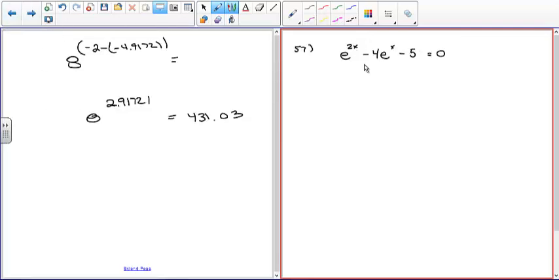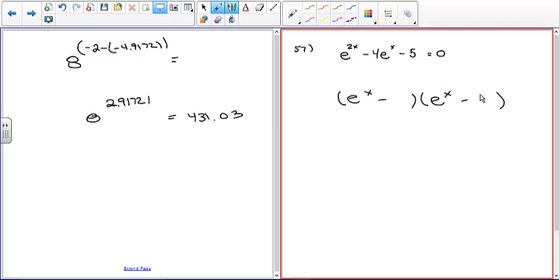Now this one's tricky. What you have to realize is you can factor this. So what you would have is e to the x here and e to the x there. So when you multiply them together, you get e to the 2x. And then one is going to be negative and one's going to be positive.